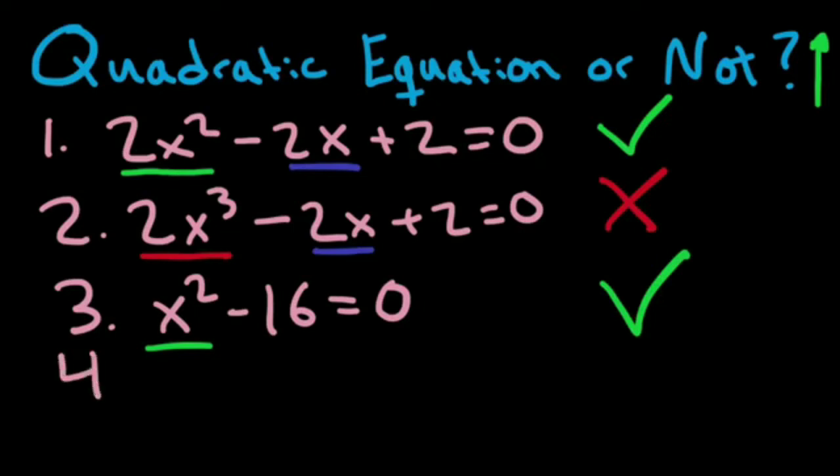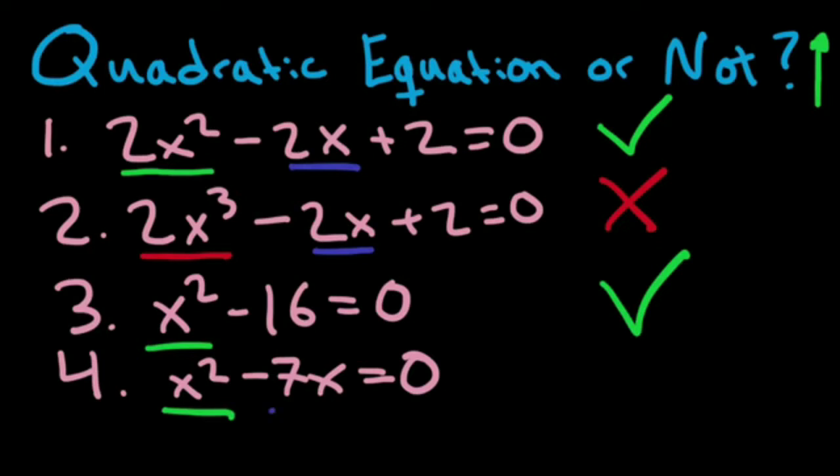Let's take a look at one more example here, example 4. Let's say we have x squared minus 7x is equal to 0. Is this one a quadratic equation? Again, we see that we are off to a good start. We have x to the power of 2, which is a requirement for a quadratic equation, and we also have the x term.